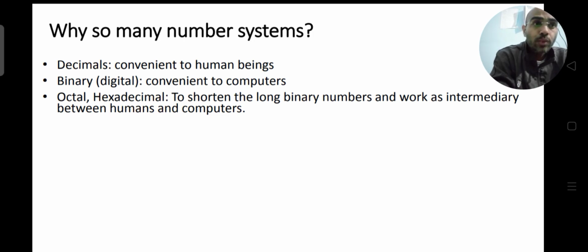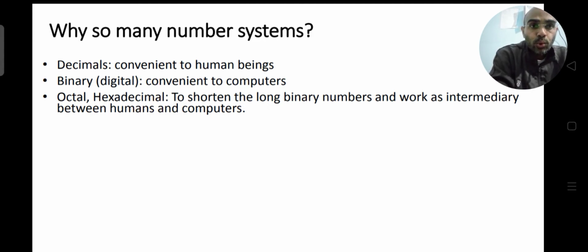And if you have to represent a certain number from the decimal number system in binary, then the length of this number will be very large, and it will be very difficult for a person to remember that number.